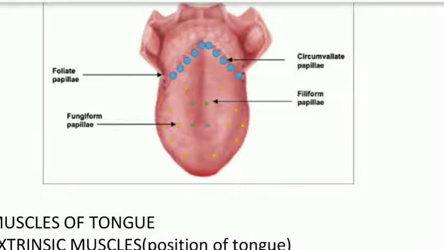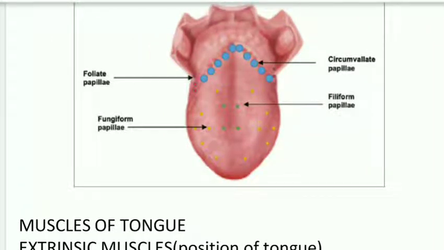They are arranged in a V shape in front of the sulcus terminalis, and they bear taste buds. Each papilla is cylindrical and surrounded by a sulcus.